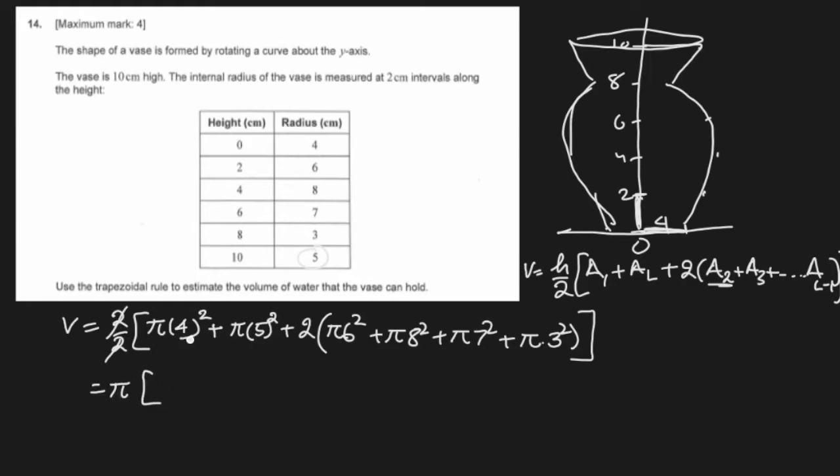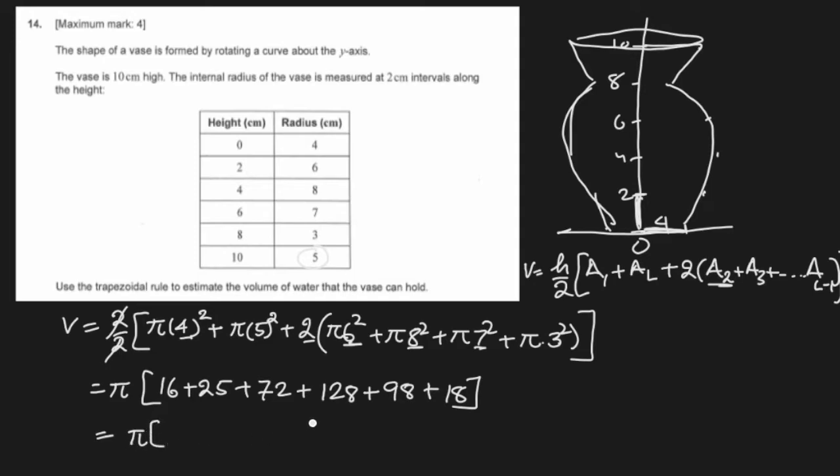What are we left with? 16 plus 25 plus 36 times 2, 72, plus 64 times 2, 128, 49 times 2 is 98, and then we have 9 times 2, 18. That's it. And are they saying in terms of pi? Okay, they're not asking, so we'll give the answer in decimal later.